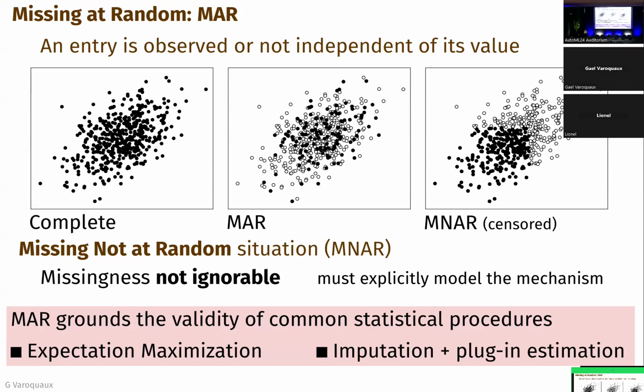And there is a well-developed theory behind missing values in statistics, where the question people have been asking for the last 50 years is, can I fit a parametric model on data with missing values and have parameters of my parametric model that are the same as the parameters I would have if I had observed the full data set?